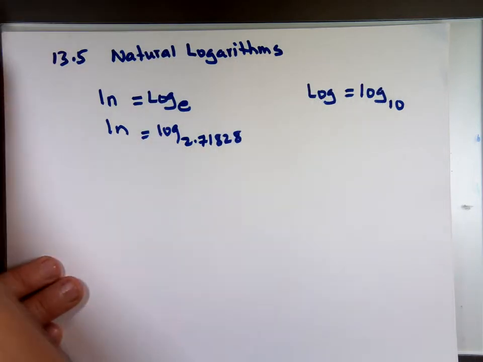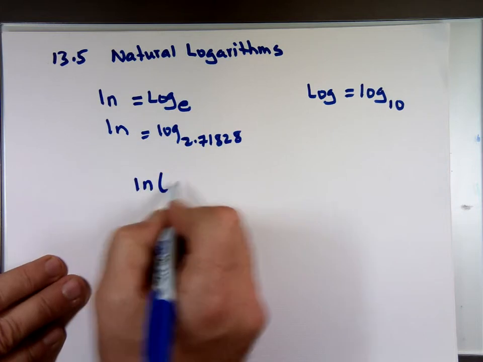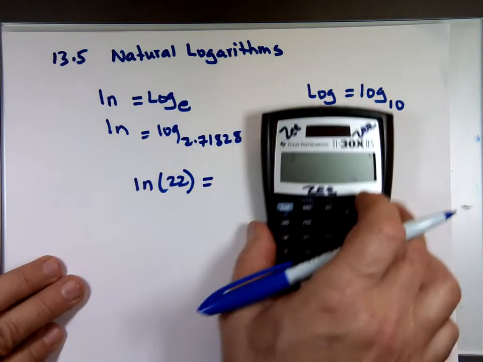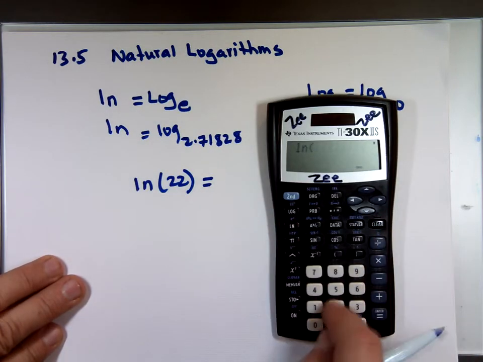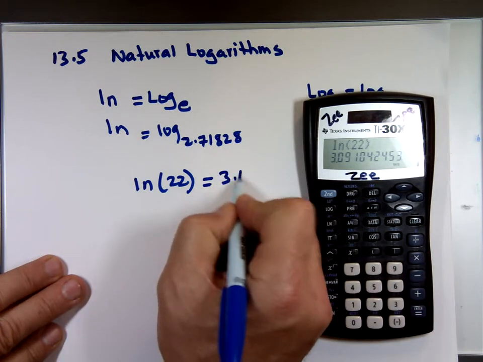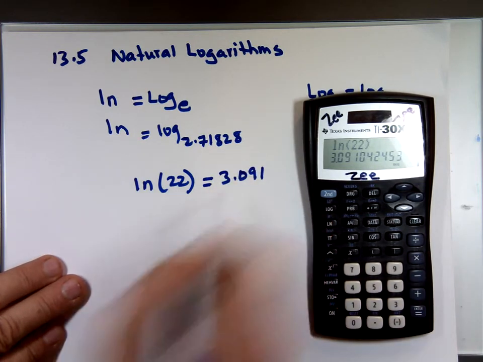So if I ask you, what is the natural log of 22? Go to your calculator now, hit the ln 22, which is 3.091. I'll just stop with a few decimal places.